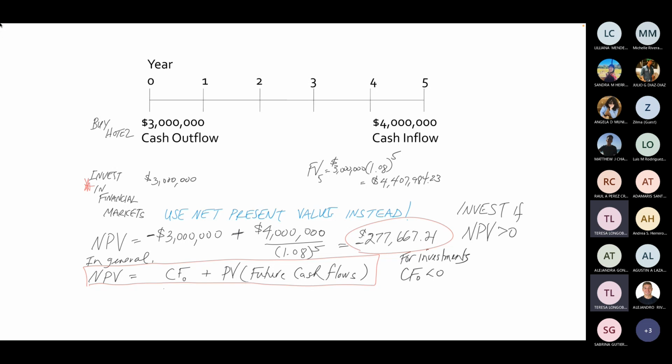If it's not greater than 0, do not invest. So in this problem, do not invest, right? Or we say do not buy the hotel.